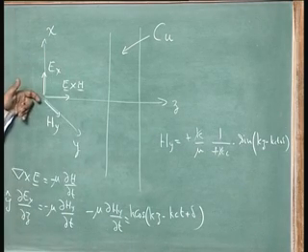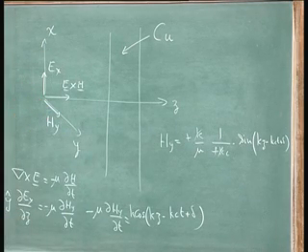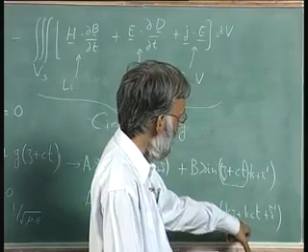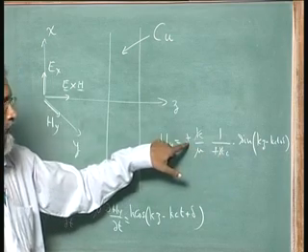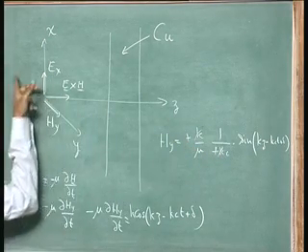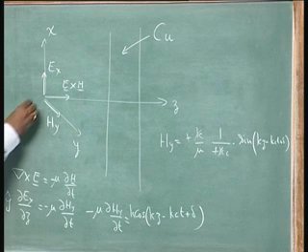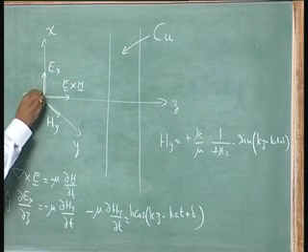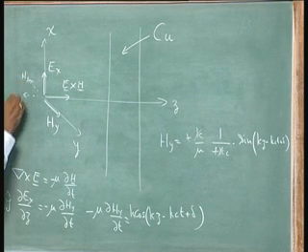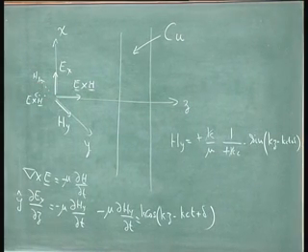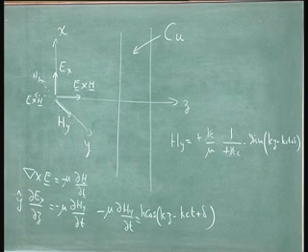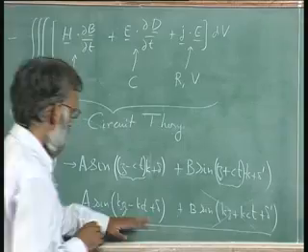So, H points along the plus y direction. But if we look at this case, we will be dividing by plus kc, and so there is a minus sign left over and H will point the other way, in which case E cross H will point in the reverse z direction. So, this is the forward wave, this is the reverse wave. For now let us not worry about the reverse wave, we will only worry about the forward wave.